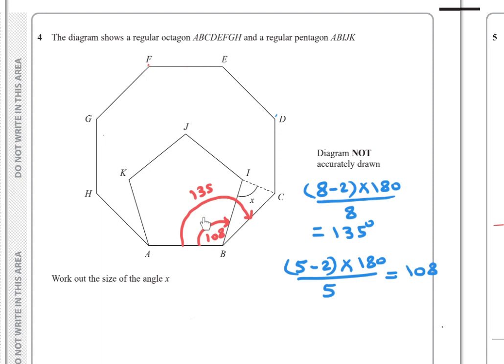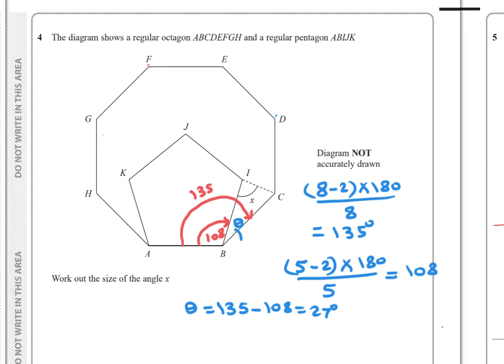Now if you subtract, you can find the small angle. If we call this angle theta, then theta equals 135 minus 108 equals 27. Now this angle is 27.